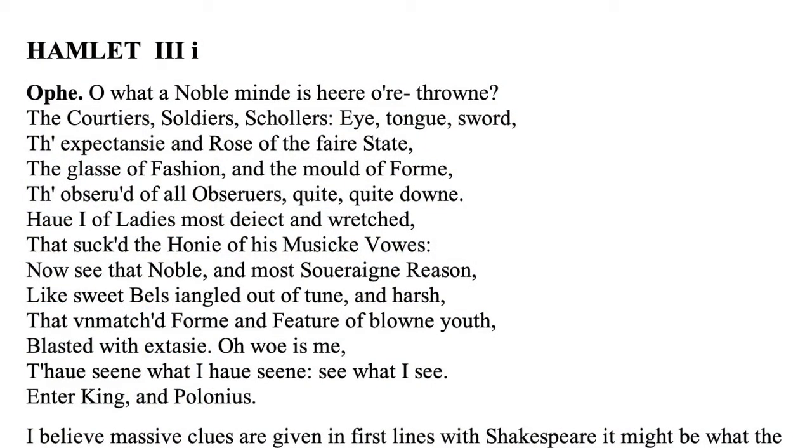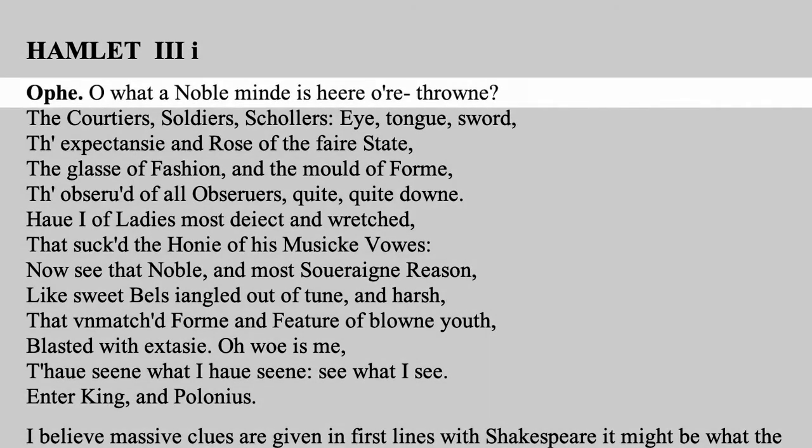speech in the famous nunnery scene. She says to the audience in a soliloquy, "Oh, what a noble mind is here o'erthrown." I believe that massive clues are in first lines. Hamlet had 3 prose speeches in a row.